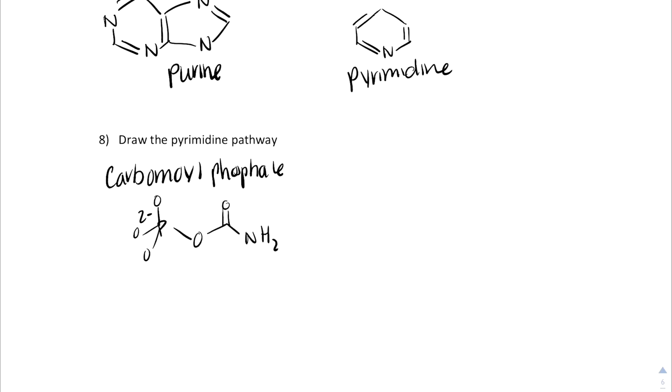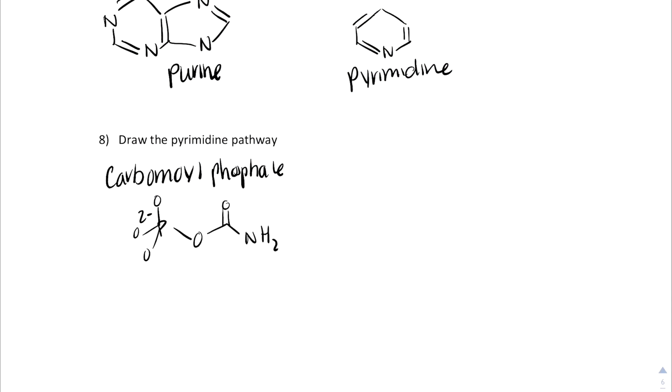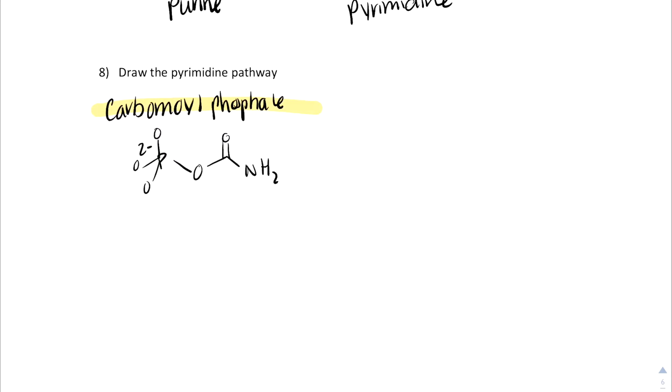So before we get to carbamoyl phosphate, there is a step that's needed to get to this process. But once you form this carbamoyl phosphate, that is the rate determining step for the production of the pyrimidine. So let's try to go back and see how we can make this.